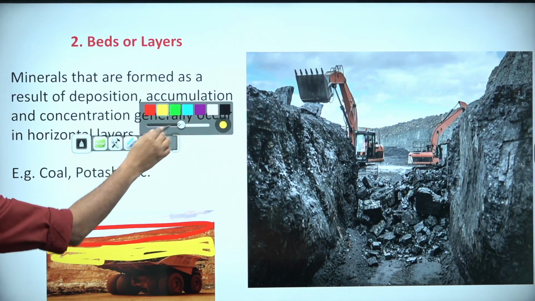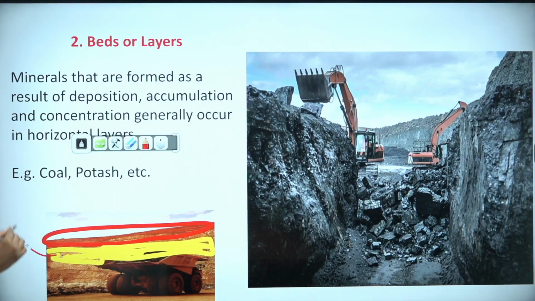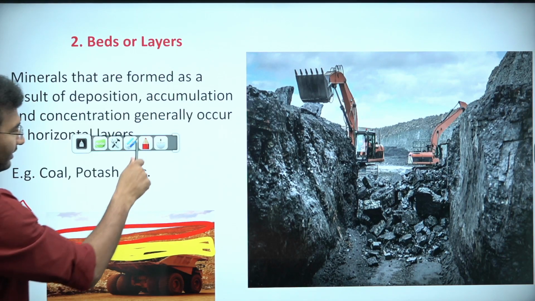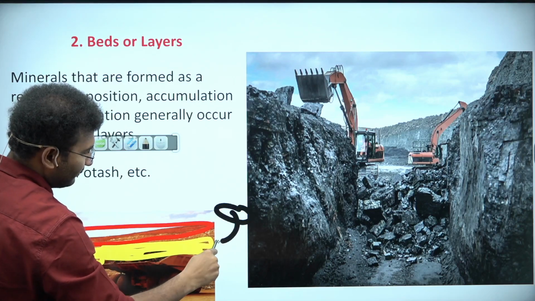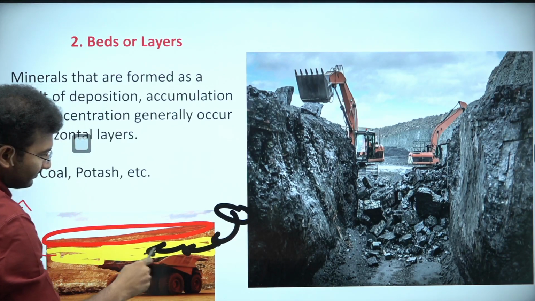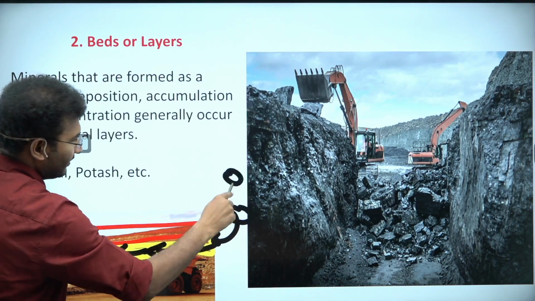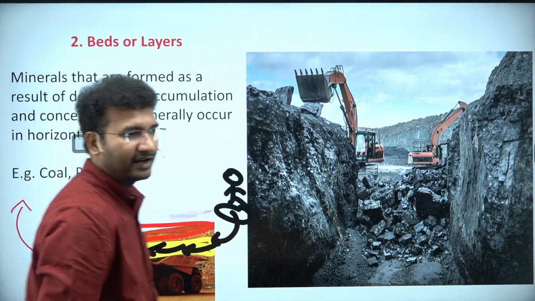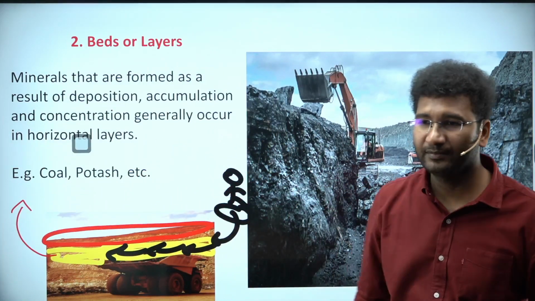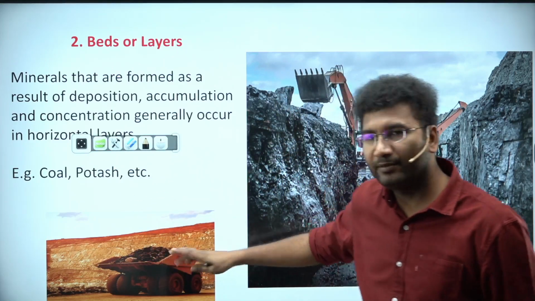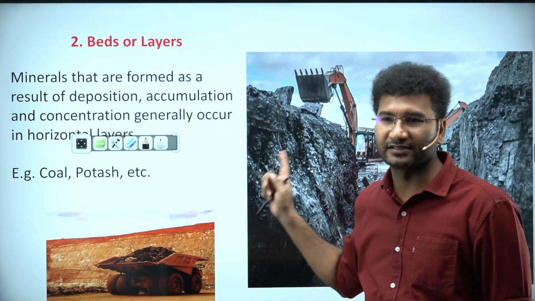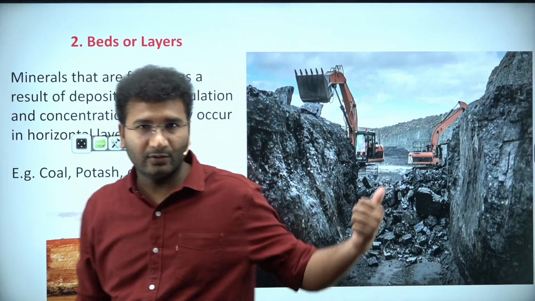That means if you are extracting, you have to extract this layer. Maybe I can dig a hole here, and from this I'll send people and they'll start to mine this. So people will go and do mining there. This can also be possible. So minerals can also be formed in the form of beds and layers. So this is a coal bed. Look here, this is a coal bed.